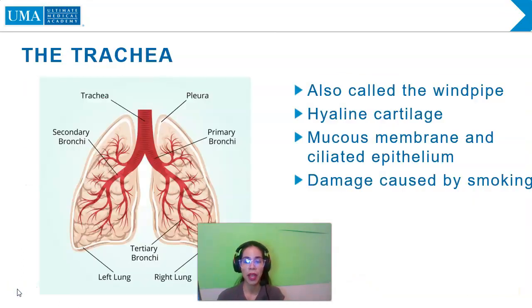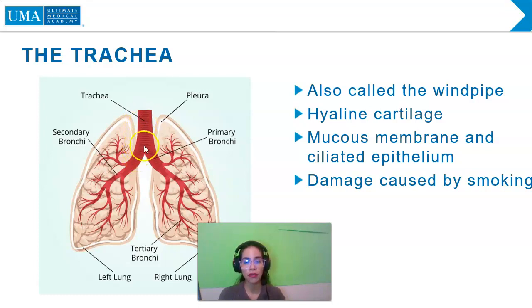The trachea. The trachea extends down from the larynx in front of the esophagus and forms the two bronchi, as we see here. Let me take my cursor so you can see. So here's the trachea, and then once here, we have the division of the primary bronchi.